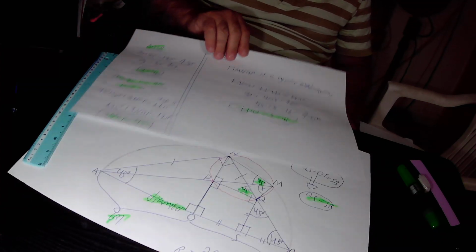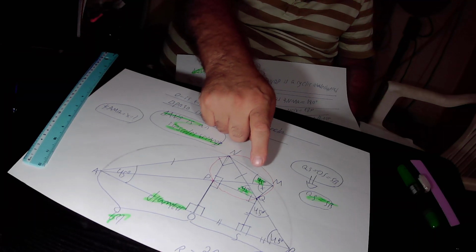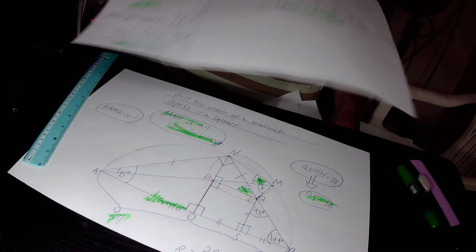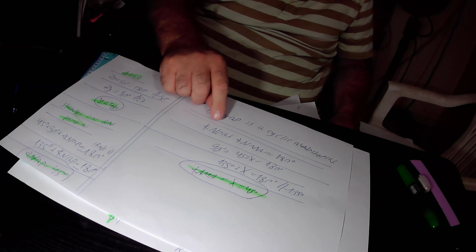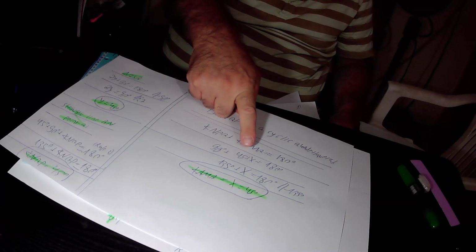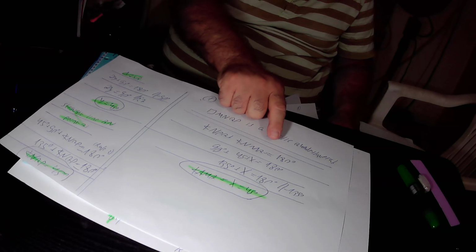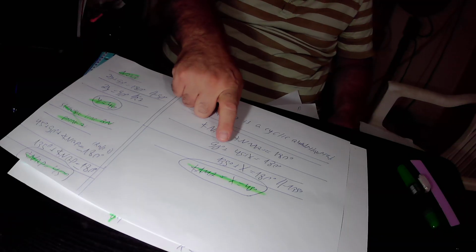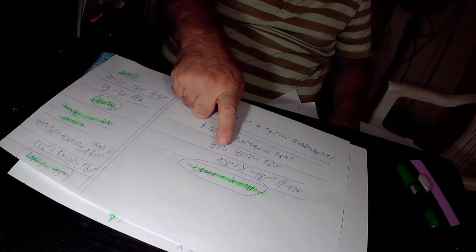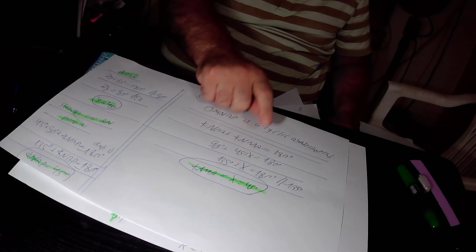Angle NQP is a right angle and angle NMQ equals 45 degrees plus x. And in total, they must be equal to 180 degrees. 45 degrees plus 90 degrees is 135 degrees, so 135 degrees plus the missing angle x, in total, must be equal to 180 degrees.